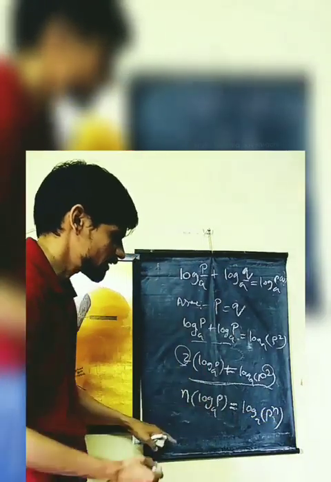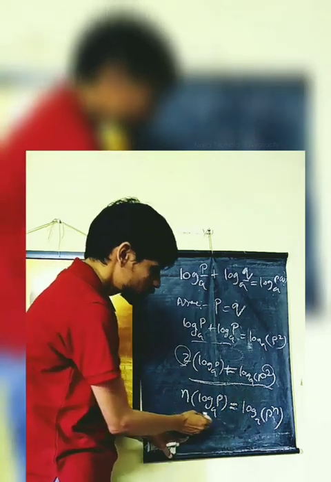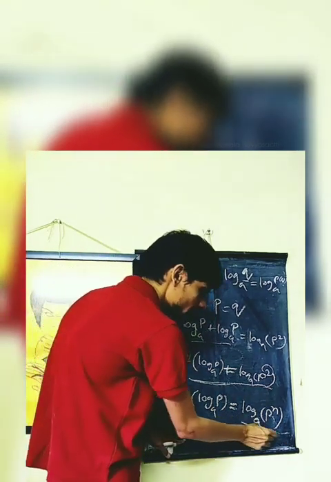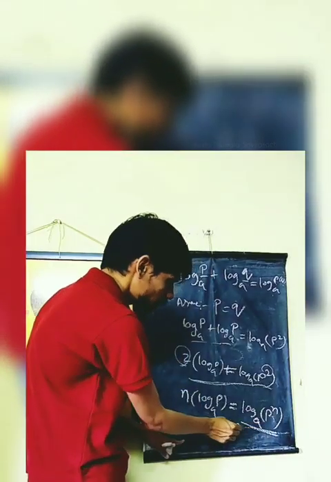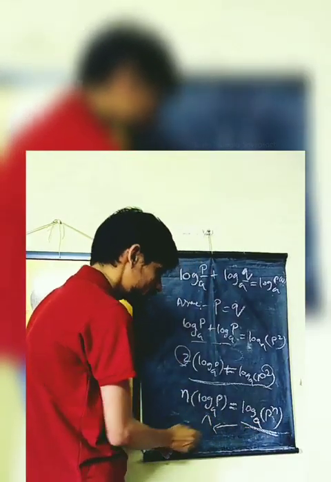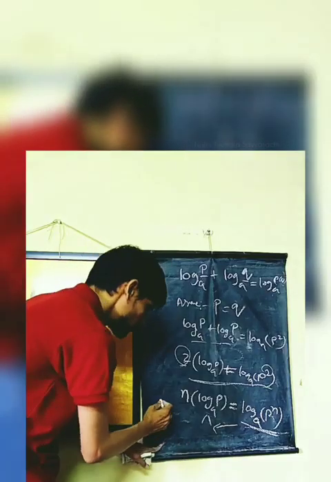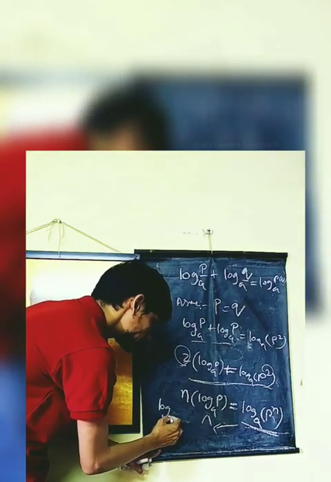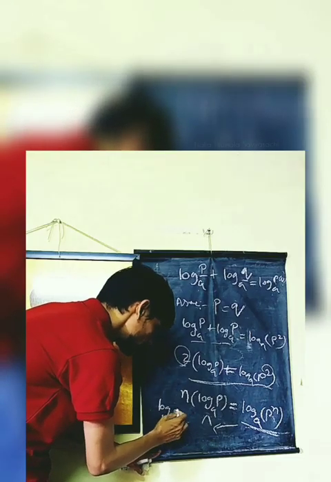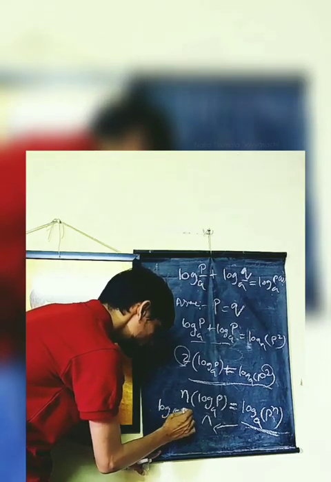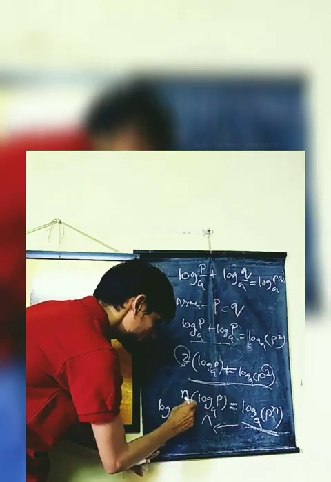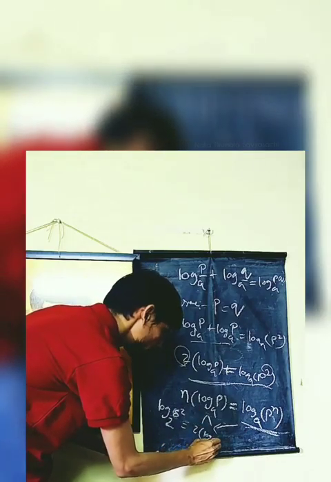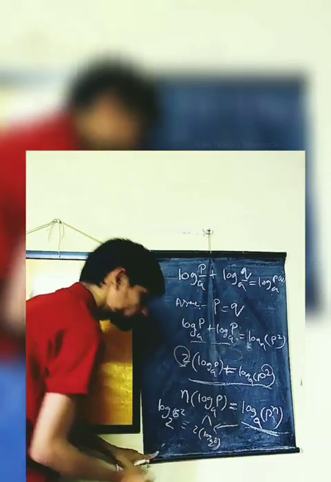So this is another log. If you clearly observe, what does this mean? Whenever we have this kind of function, that can be translated like this, right? For example, if I have log base 2 of 8 square, that can be translated as 2 log 2 of 8.